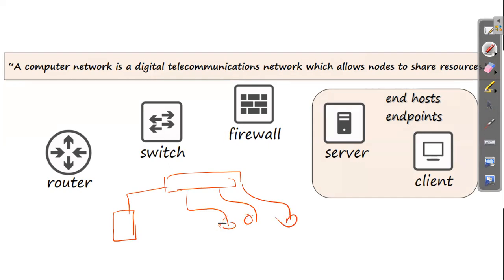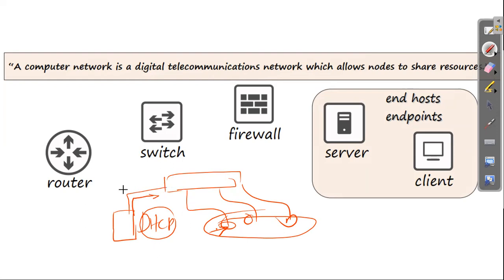If these clients want an IP address assigned, they can automatically take it from the DHCP server. These are called DHCP clients. So this server will provide IP addresses to those clients.